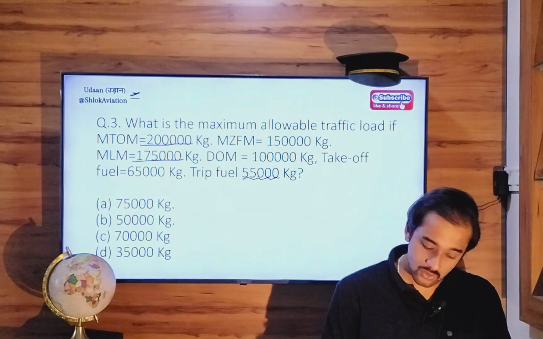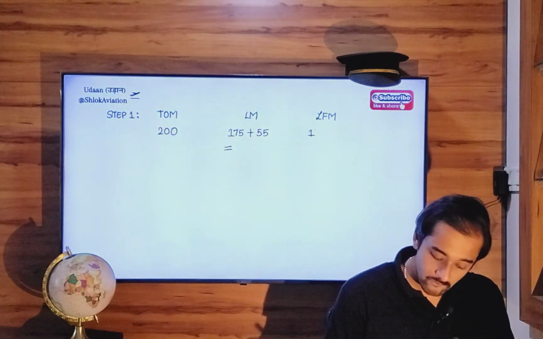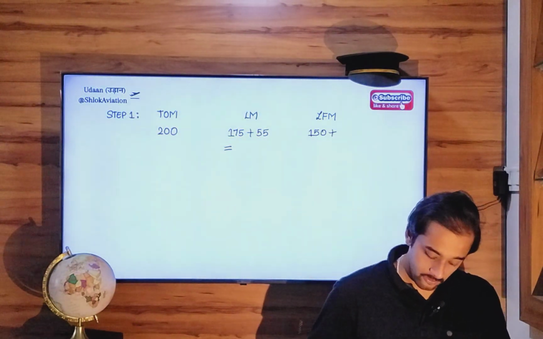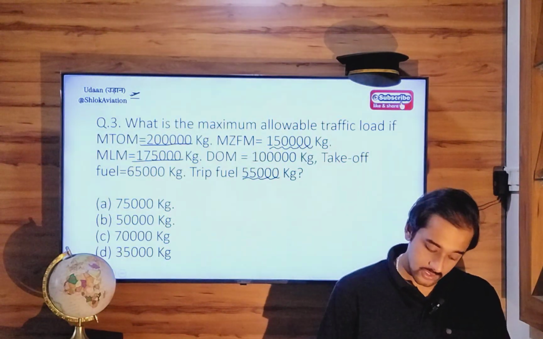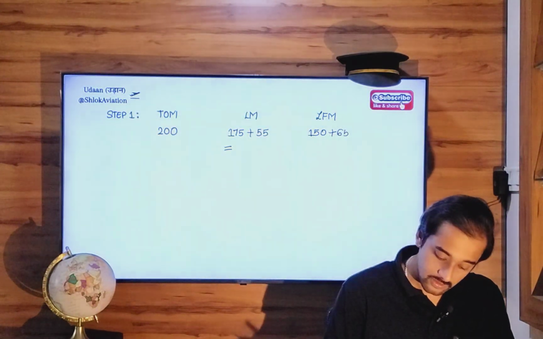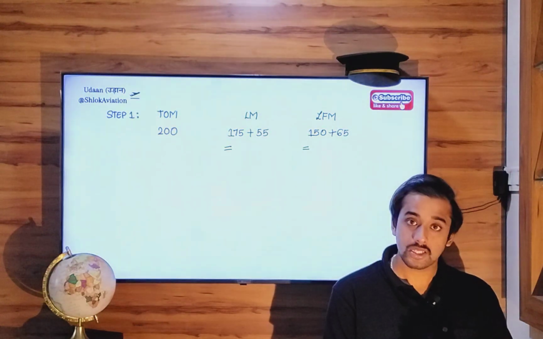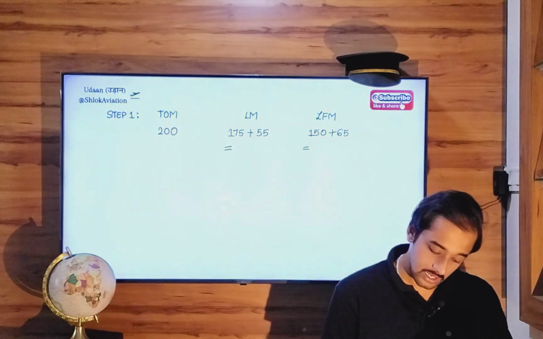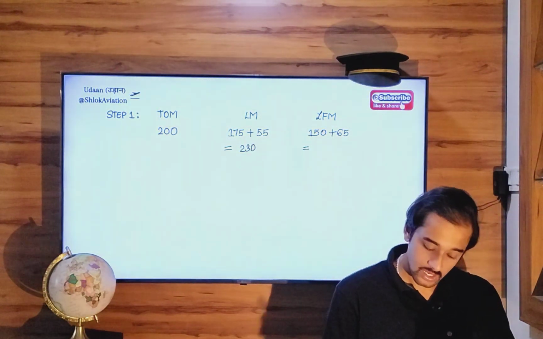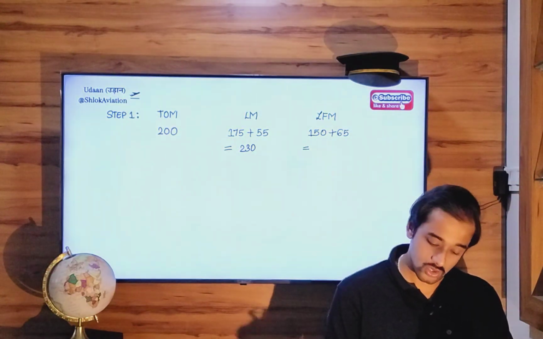Zero fuel mass is 1,50,000. So write 150. Add takeoff fuel or fuel on board, which is 65,000 or 65. So 175 plus 55 is 230. 150 plus 65 is 215.